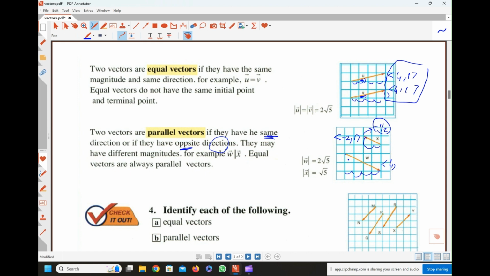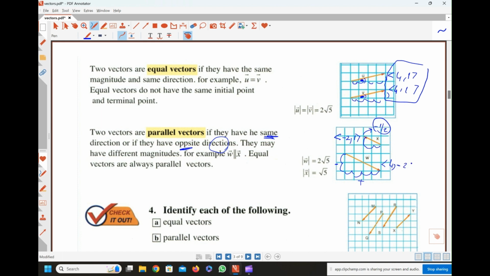What about the vertical direction? The vertical change from initial to terminal is 2 units. You are moving down, so it is negative. Moving right is positive, moving up is positive, moving down or moving left gives you a negative answer.